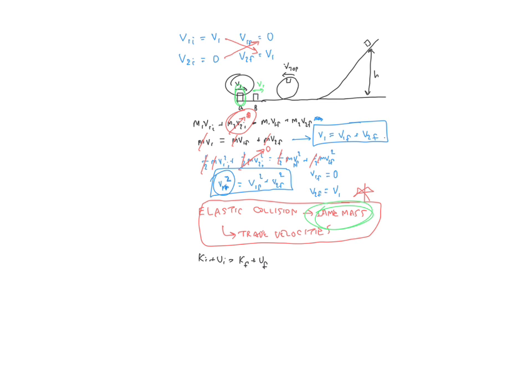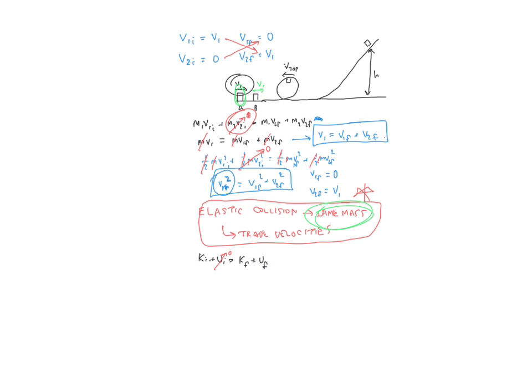Next thing is to set any terms that are 0. Just get rid of them. So at the bottom of the track, it is moving, so it has kinetic energy. It has no height at the bottom, so we can get rid of that term. At the top of the loop, it is moving because that's where we want to solve for the speed, the v top, and it does have height at the top, so it does have that gravitational energy.